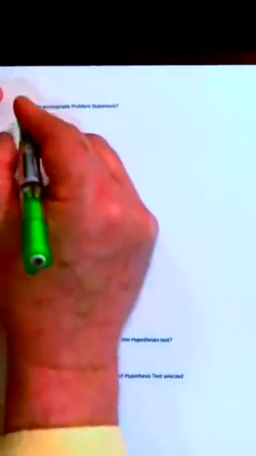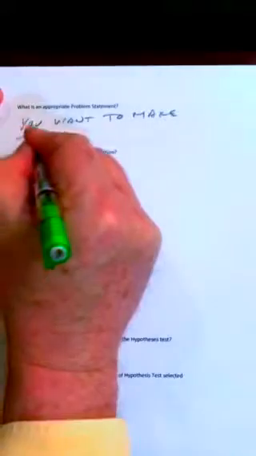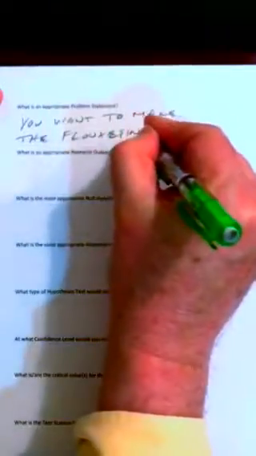So let's take this from the top. What is an appropriate problem statement? Well, the problem statement here, and it's really more of an opportunity, if you will, is that you want to make sure that the drug works, that the fluoxetine, the example here, positively affects depression.